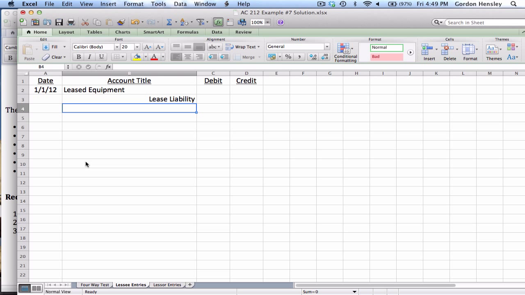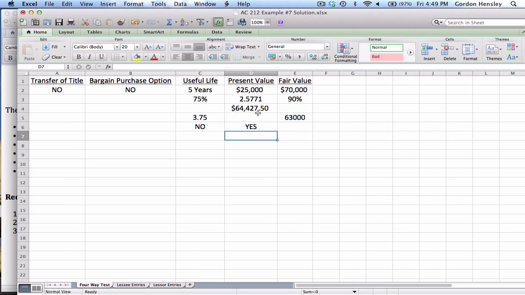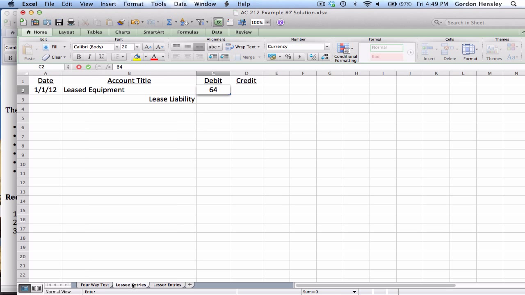So that's a liability. In fact, it is a lease liability. And we will record this at what? At the current present value, which was right here, $64,427.50, or if we round to the dollar, $64,428. So that will be the journal entry on our side of things because we are the lessee.